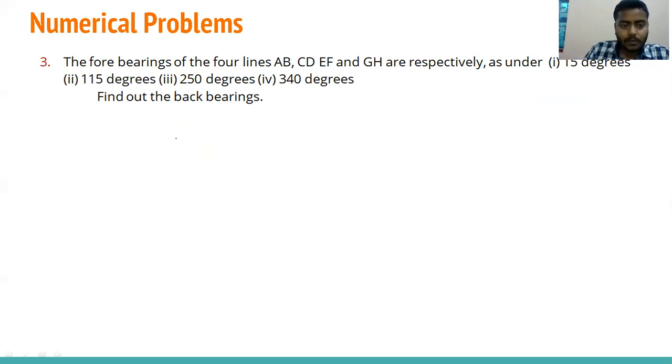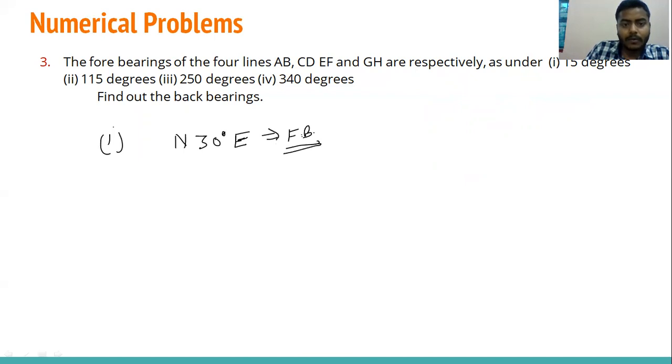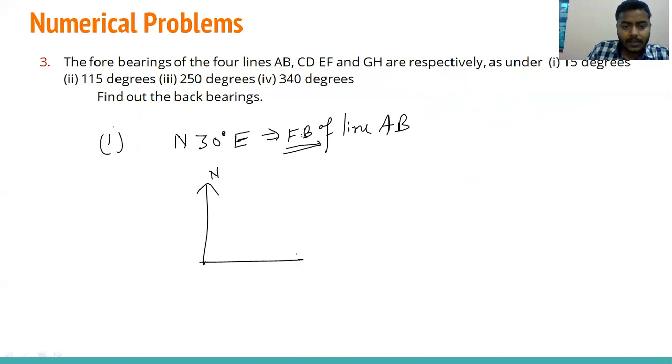Okay, so I'm taking one example: given north 30 degrees towards east. This is the fore bearing of the line AB. So draw this: this is north, this is east, west.